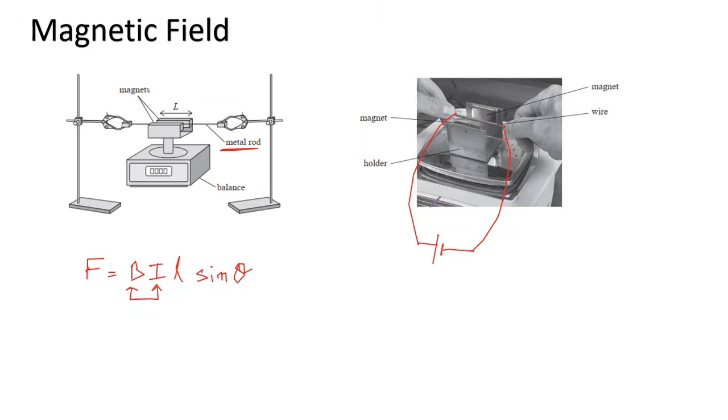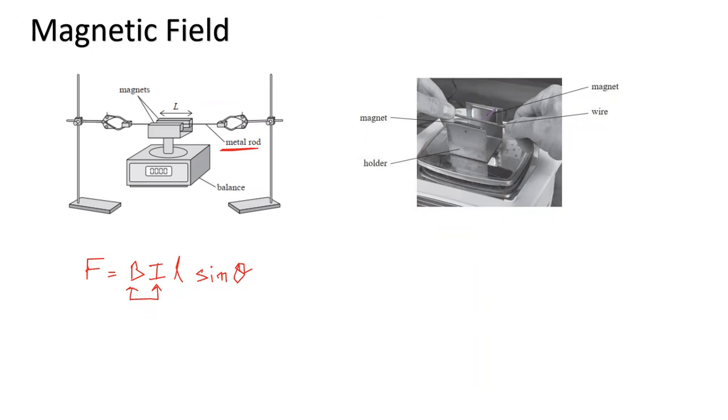Let's say the force on the wire is upward. So the magnet exerts a force on the wire upward, and we all know every action has an equal and opposite reaction. If the magnet exerts a force on the wire upward, the wire will exert an equal and opposite force on the magnet downward, so this would cause the reading on the balance to increase. And just the opposite also holds true.